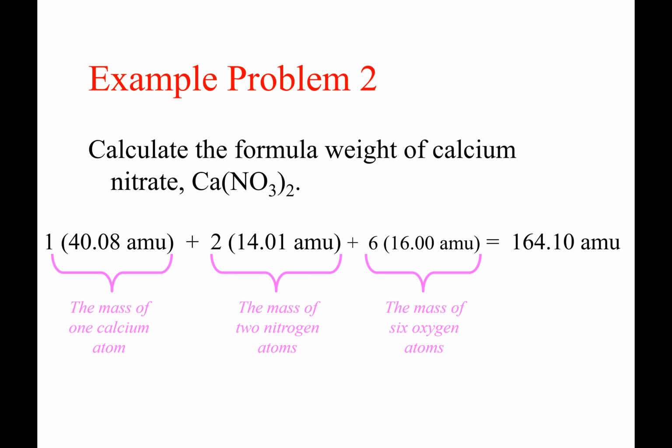1 times the decimal number for calcium, which is 40.08, plus 2 times the decimal number for nitrogen, which is 14.01, plus 6 times the decimal number for oxygen, which is 16.00. And then round to 2 decimals.